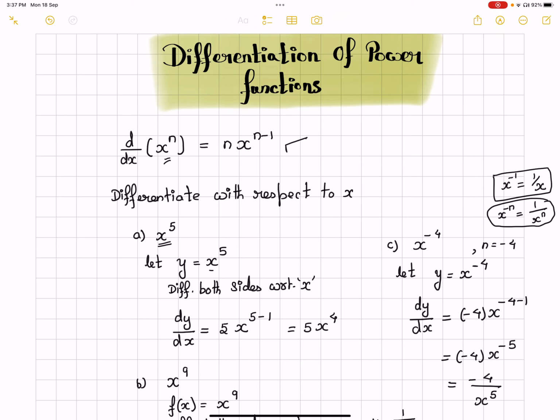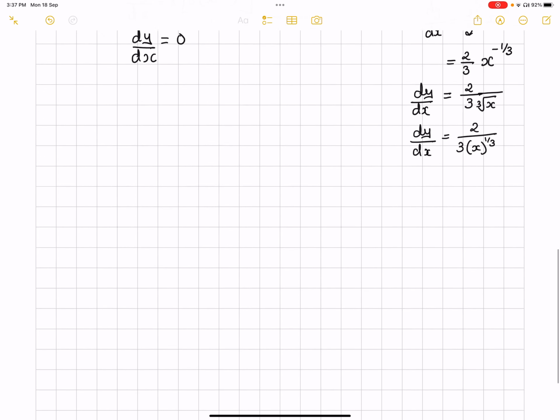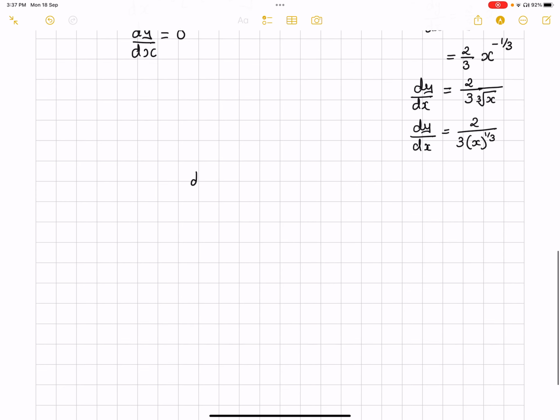Now, based on this formula, we are going to do a few more problems, but I would be introducing the scalar multiple rule and the addition and subtraction rule under differentiation. Let me introduce two rules for you. Whenever I'm differentiating a function which is a multiple of a constant and f of x, for example 4 times x square, I can take the 4 out and differentiate x square alone.